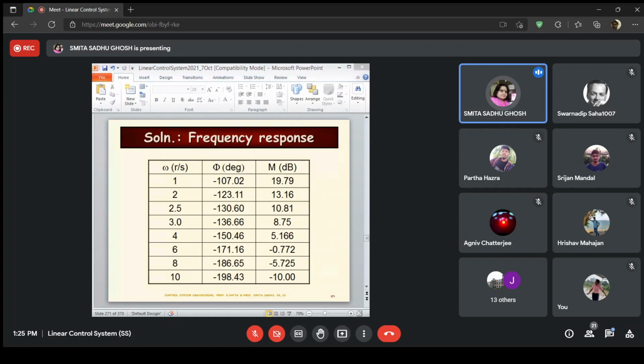Now, if I look at this frequency, just to start off with, 4 radians per second, what is the value of phase that you see? It is minus 150 degree. If I want a phase margin of 45 degree, how much should be the phase value of the compensated system?